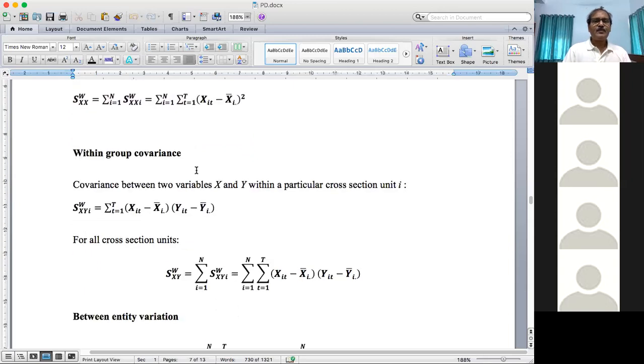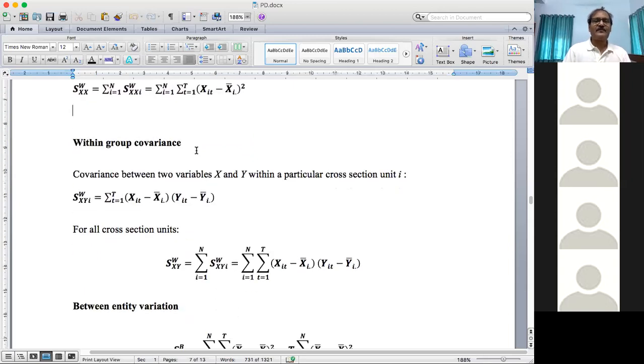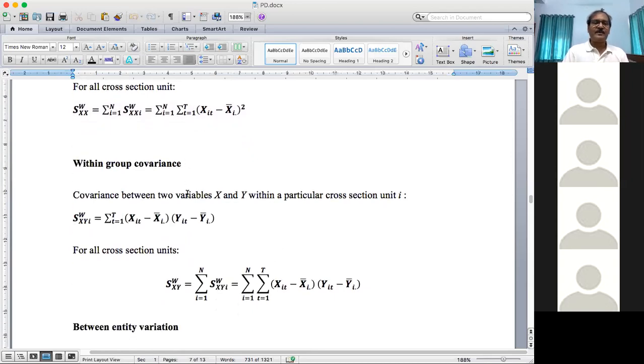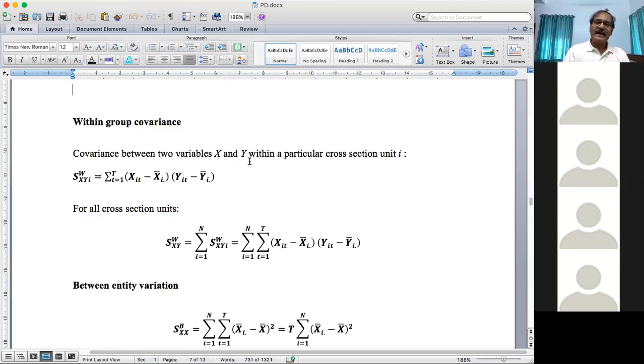Similarly, we can calculate the covariance as well. For a variance component, we need the same variable x twice. For a covariance, you need at least two variables. Suppose we have two variables x and y. As we have constructed a data matrix for x, we can also construct a data matrix for y in a similar way.